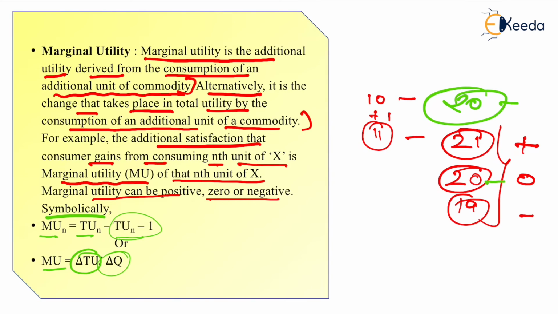If I explain this formula, TUn means total utility of n units, for example 10, minus total utility of n minus 1 units. That means whatever satisfaction you received from the one additional unit you consumed will be in this part. The next formula is change in total utility upon change in quantity, which will give you marginal utility. This is the formula. Now let's go to the next part.